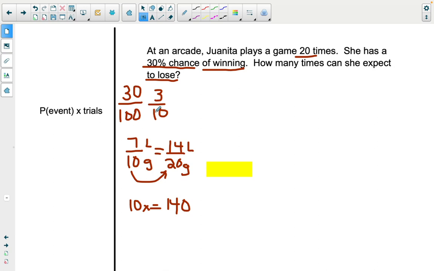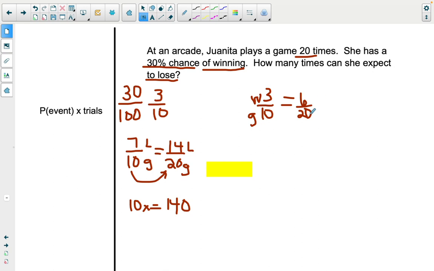Another way you could have done this is gone with her 3 out of 10. If she won 3 out of 10, then that means if she played 20 games, I could put a W here for 1. If she won 3 out of 10 games, she played 20 games, she would expect to win 6 out of 20.